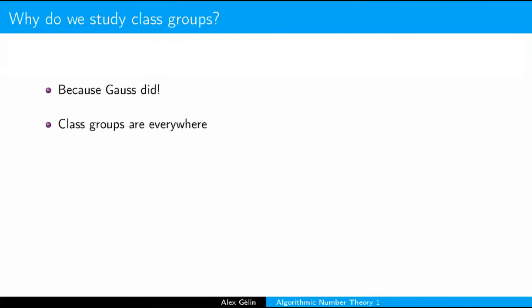I don't know if someone is going to talk about that during this summer school, but if you're looking at some Picard groups over abelian varieties, it's just a fancy word to explain that they are just computing class groups over abelian varieties. So actually, class groups are everywhere, but sometimes they have other names just to be more fancy. So if you find someone at a conference that is explaining to you that he's computing class groups, stop him and just say, calm down, you're just doing class group computations.